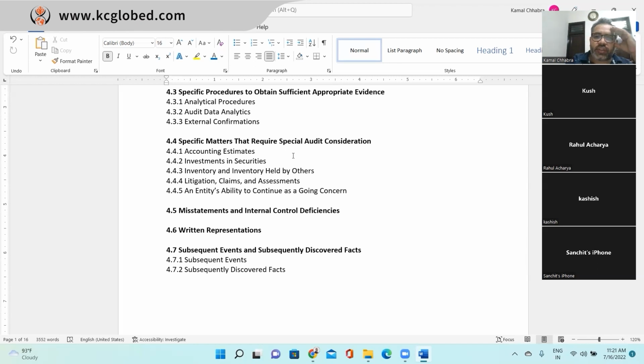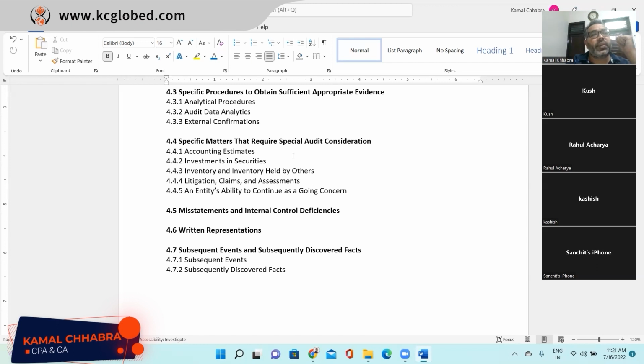Next one is investment in security. Investment can be of the type subsidiary, like you are a 100% subsidiary or more than 50% subsidiary. It can be a joint venture, it can be an associate, or it can be a market investment, which is less than 20%.